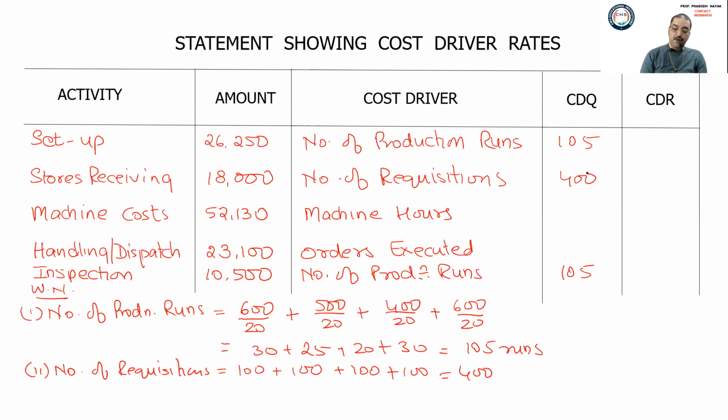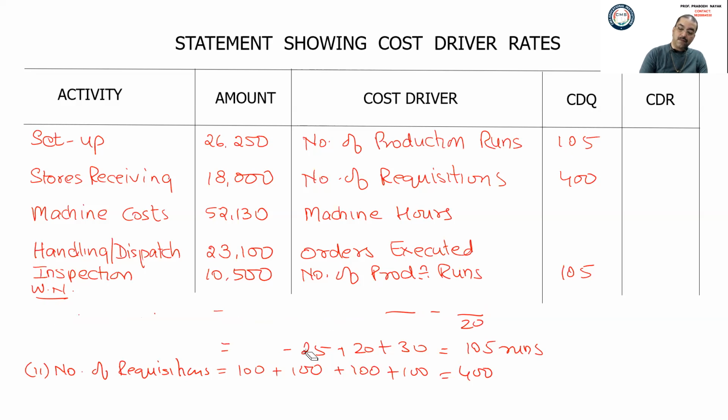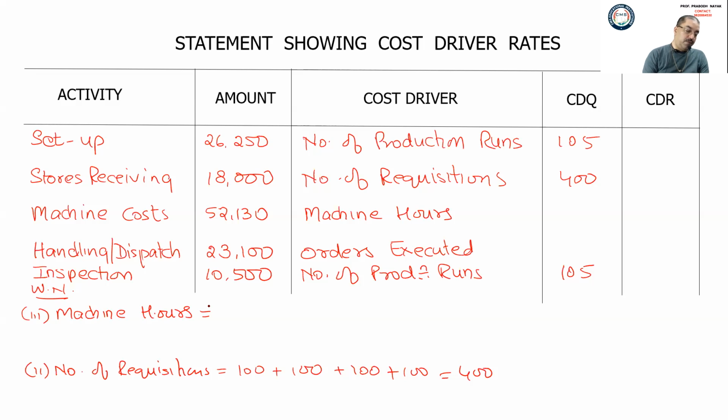Now to calculate machine hours. 600 units, and machine hours per unit is 4.